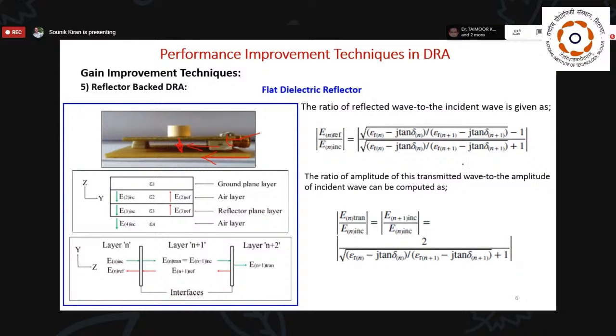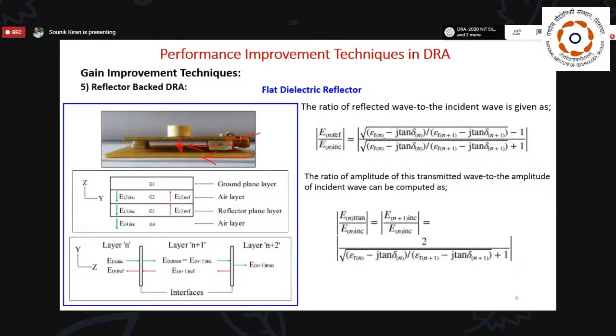This is not any unique formula; it is available. If we look into this formula, we can get an idea about the ratio of reflected wave energy to incident wave energy, which can be calculated using the relative permittivity of different layers, depending on from which layer to which layer the wave is moving.